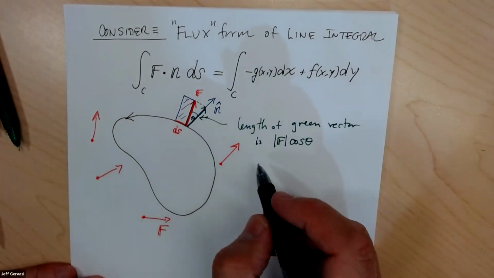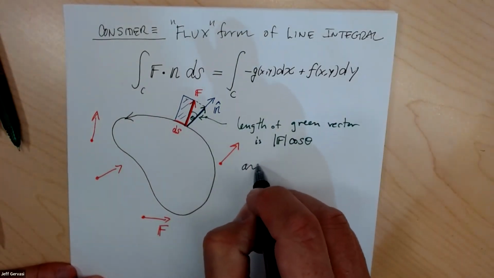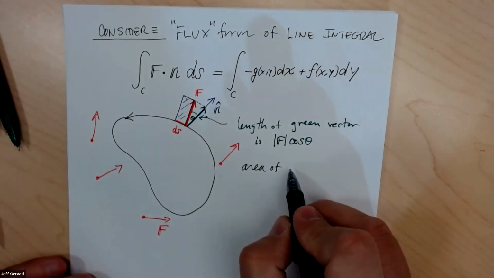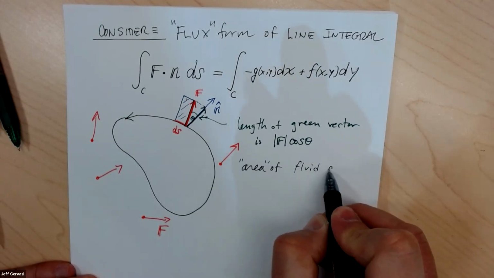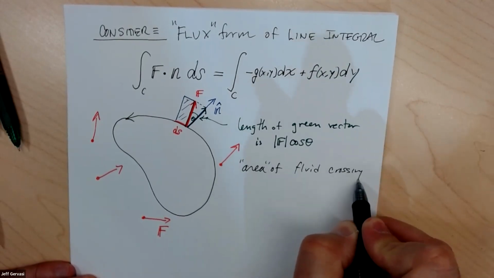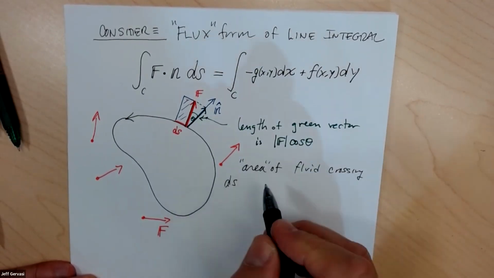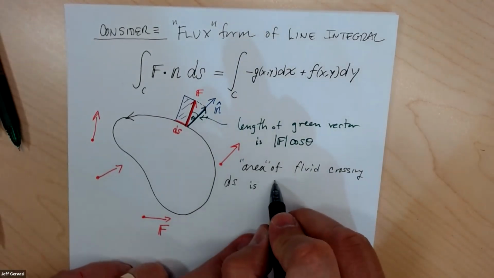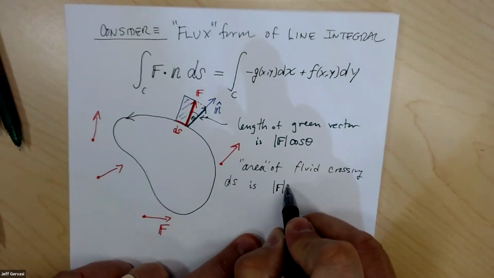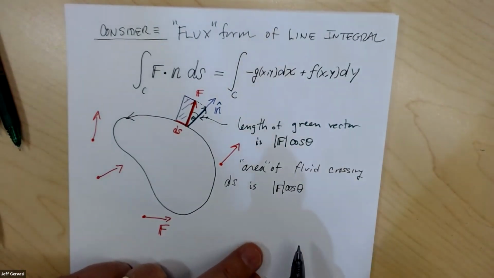So the area of the fluid crossing the arc length element is equal to that expression.